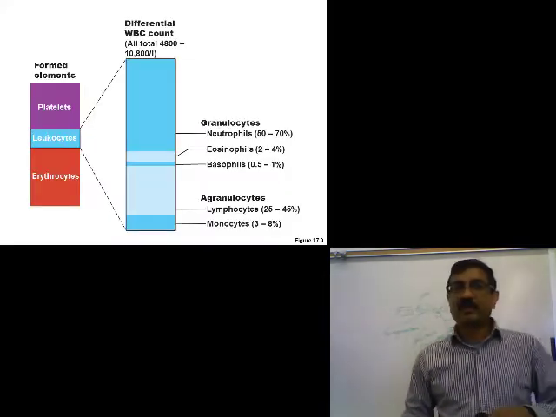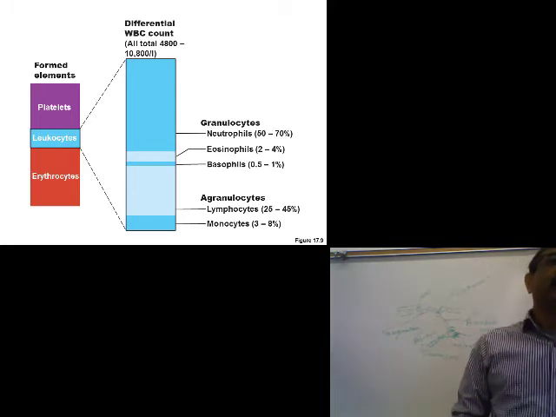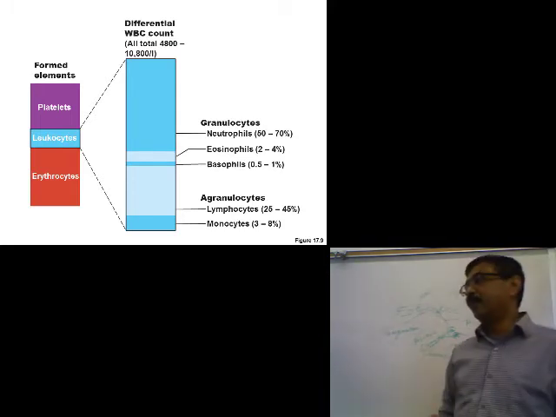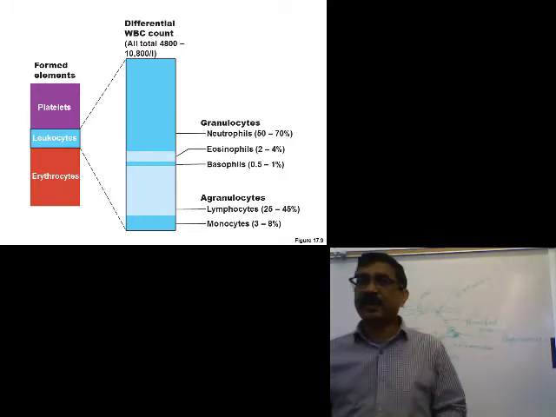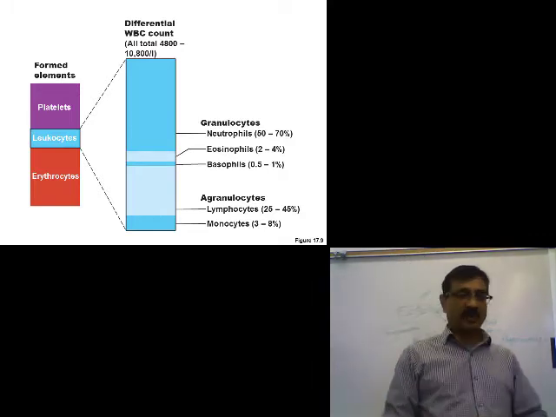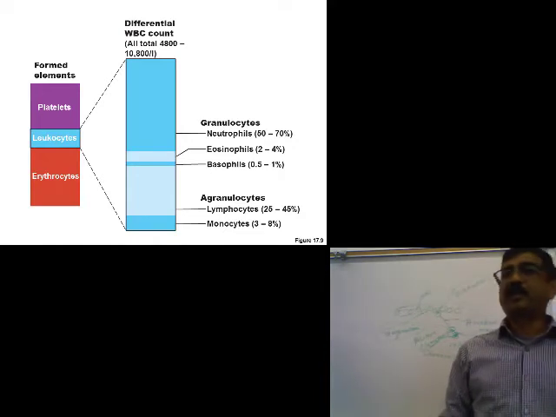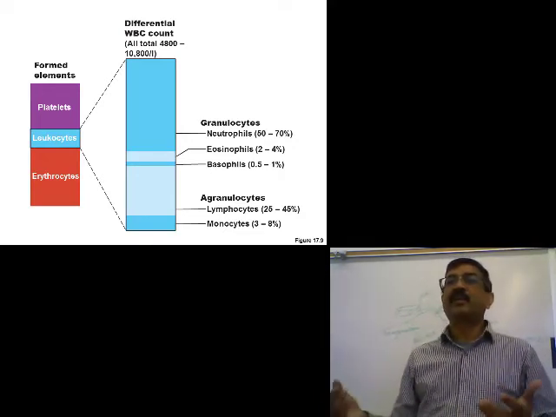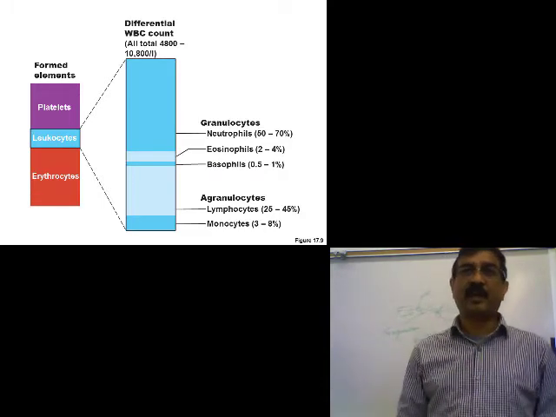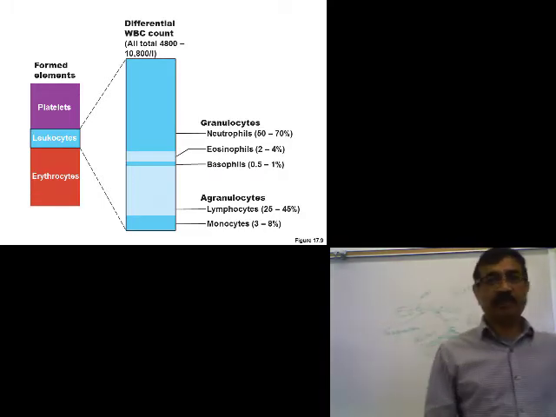There are 5 different types of white blood cells. We group those 5 white blood cells into 2 types, granulocytes and agranulocytes. Granulocytes have granules in the cytoplasm. Agranulocytes don't have granules. That's why the A, for absence of granules.